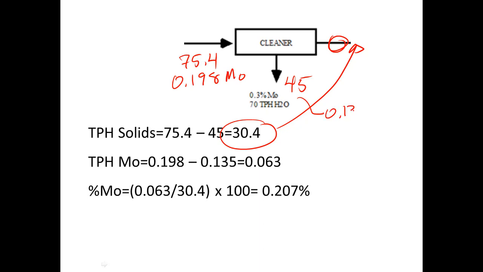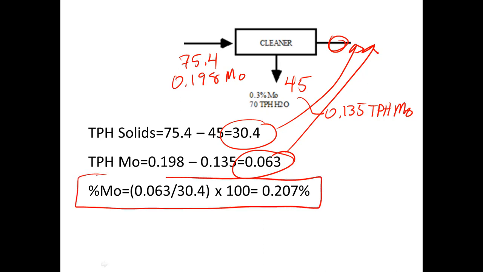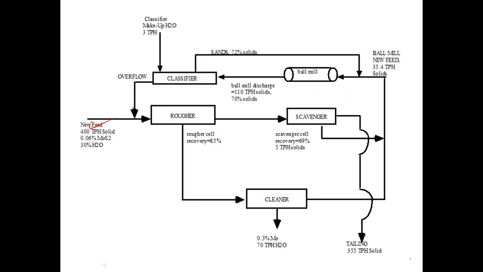There was 0.135 molybdenum in the concentrate, giving us a total molybdenum value in the cleaner tail of 0.063. We can calculate the grade by taking the total weight of molybdenum divided by the total solids times 100, or the grade in that cleaner tail of 0.207. Just checking off all the streams we've characterized here.